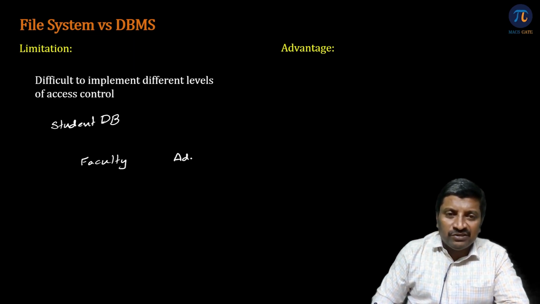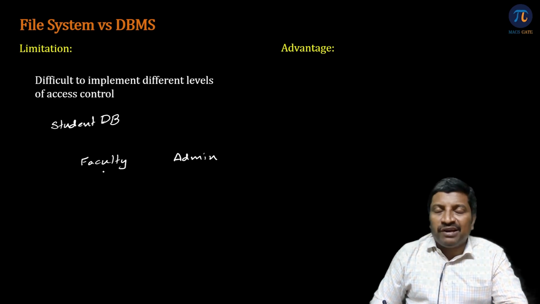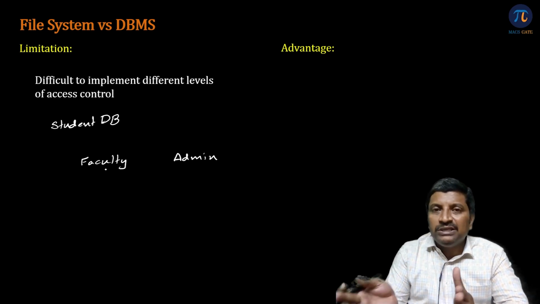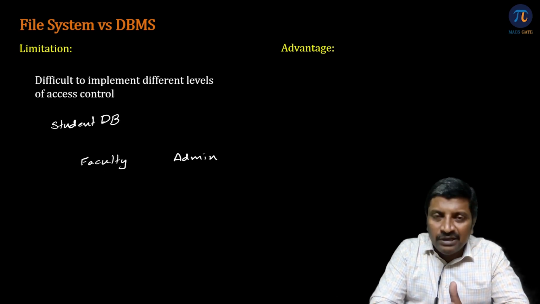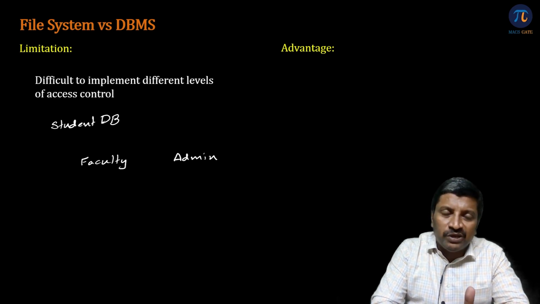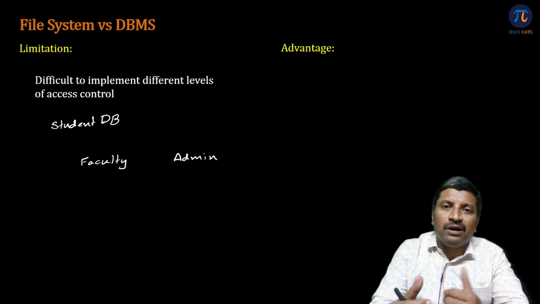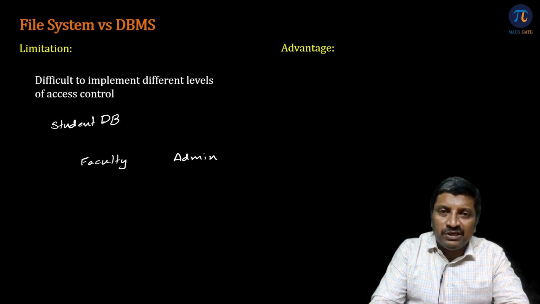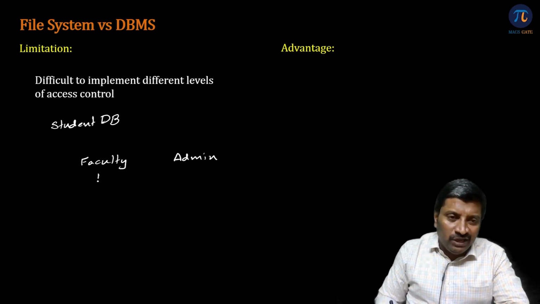The second one is administration staff or HR staff. The faculty need to access only some particular part of data: the percentage of students, the previous backlogs of students, or the intermediate rank, or the previous percentages. Like that, he needs to access only some part of data.